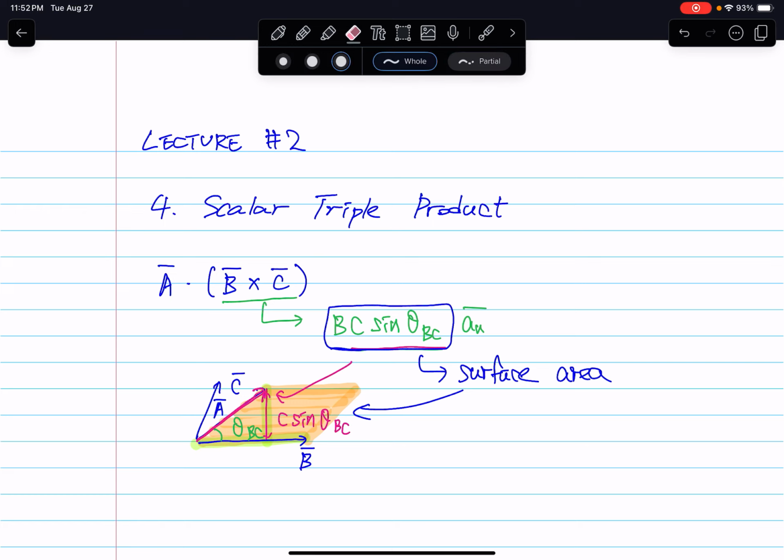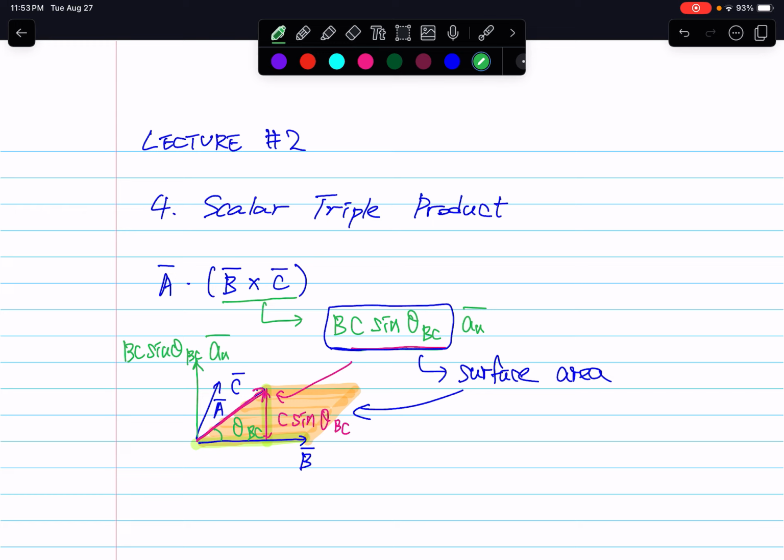So this is the normal vector direction. So this is BC sine theta BC AN normal. Okay, that's perpendicular to that 2D surface formed by vector B and C.